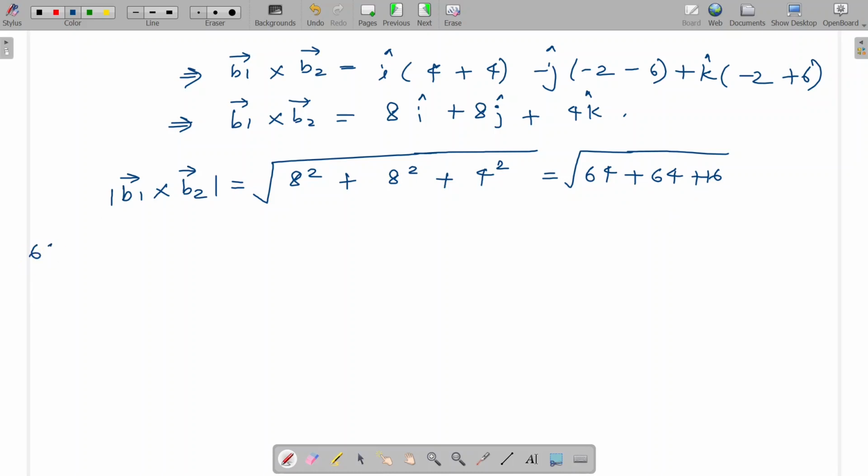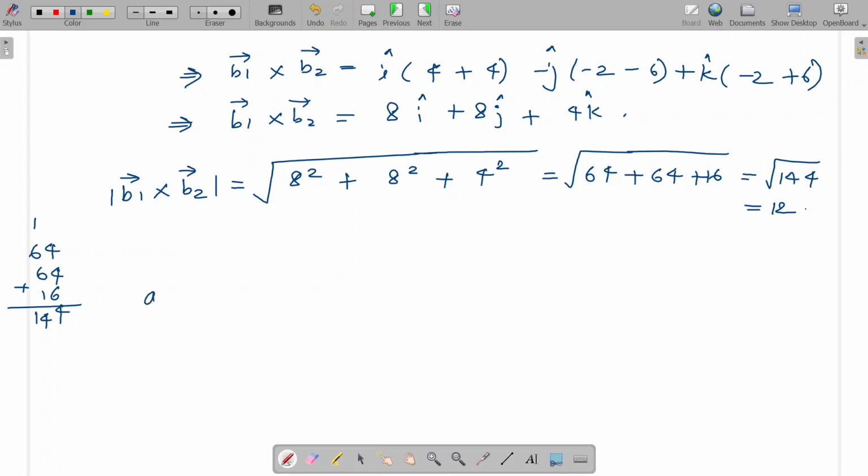Adding, we get root of 144, and you know root of 144 is 12. Okay, so now we have found the magnitude of b1 bar cross product b2 bar.